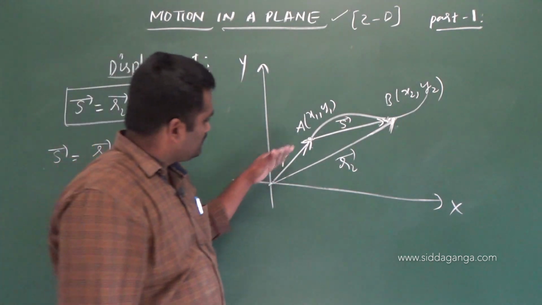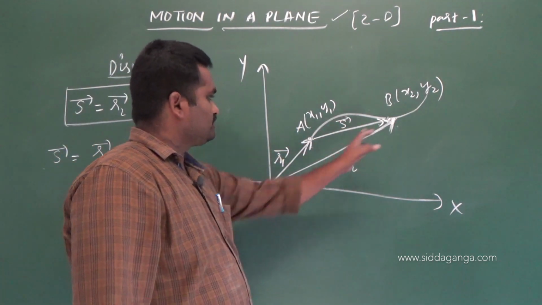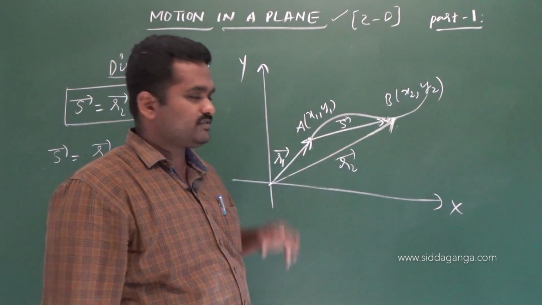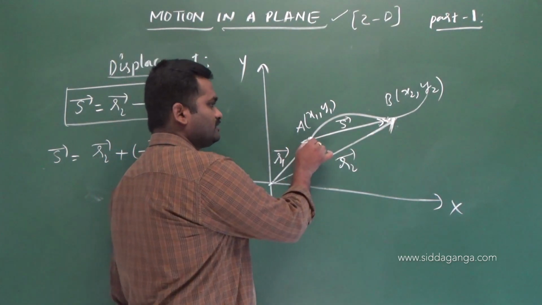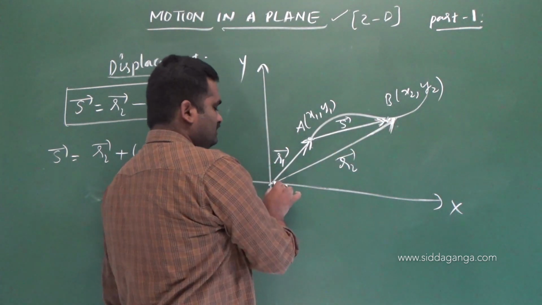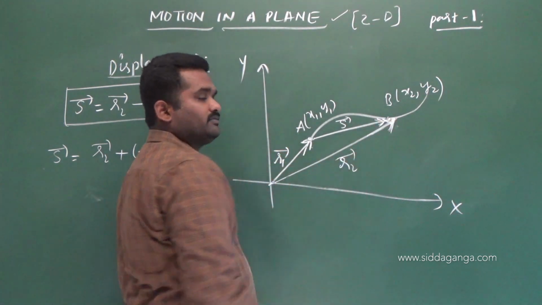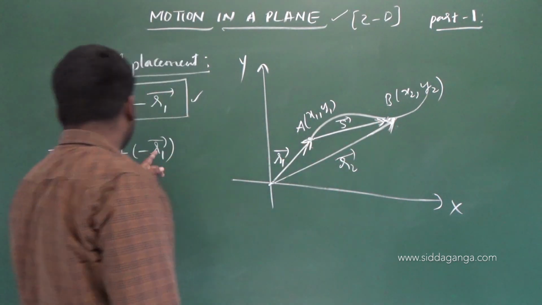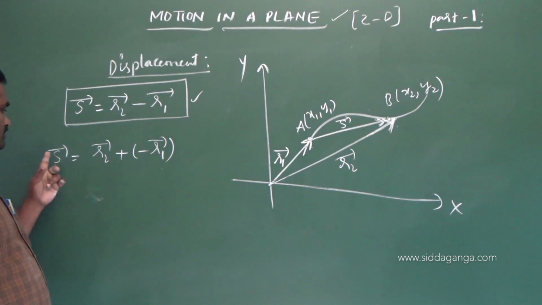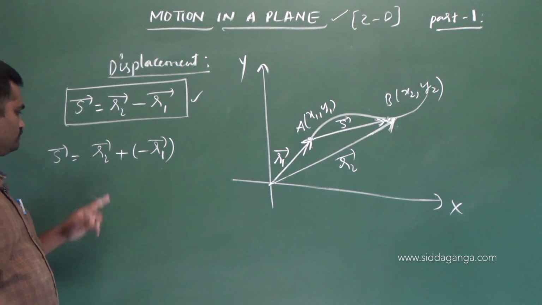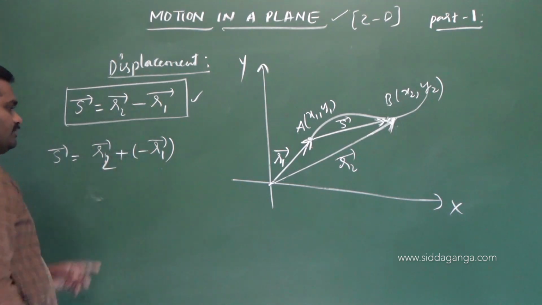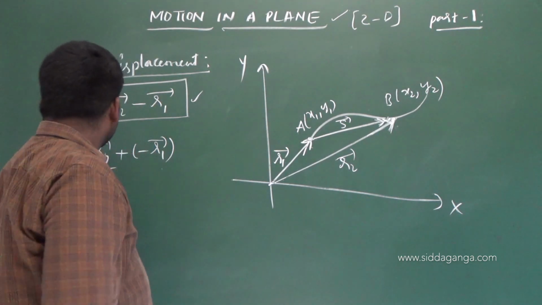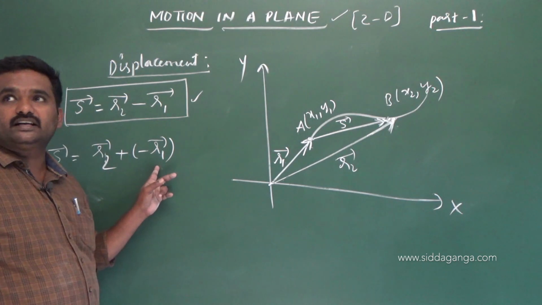See, R1 plus S will be equal to R2 according to the triangular law which you have studied. These are two vectors taken in the same direction, then the third vector taken in the reverse direction gives the resultant. If you take this to the other side, R1 plus S will be equal to R2, or else you will get S equal to R2 minus R1.